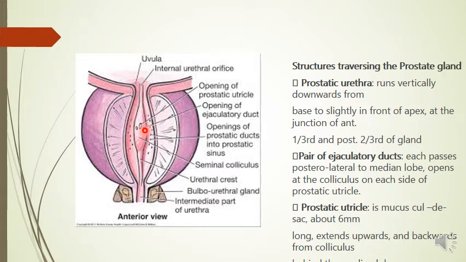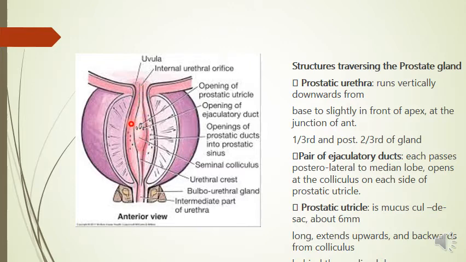And then the prostatic utricle, it is a mucus cul-de-sac about 6 millimeters long, extends upwards and backwards behind the colliculus seminalis, and in the median lobe it is seen, the prostatic utricle. So the structures traversing are the prostatic urethra.